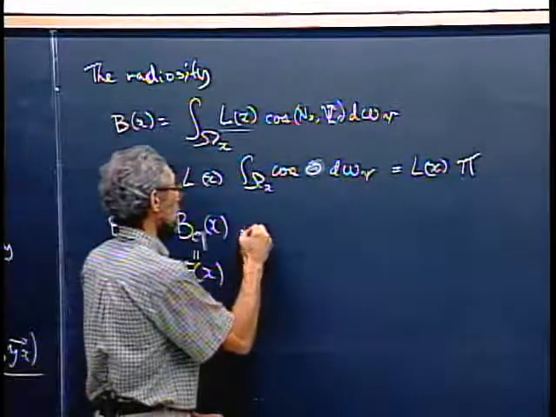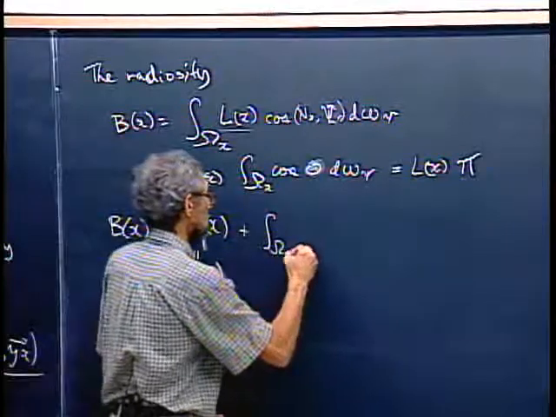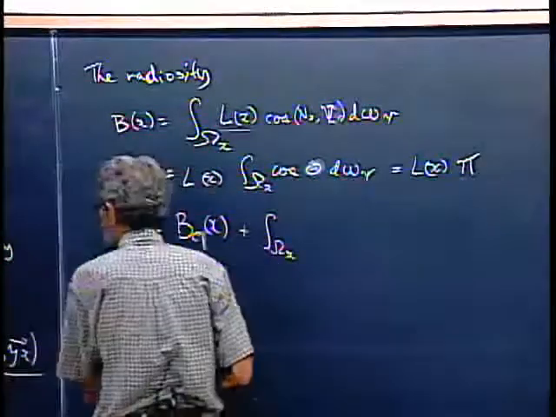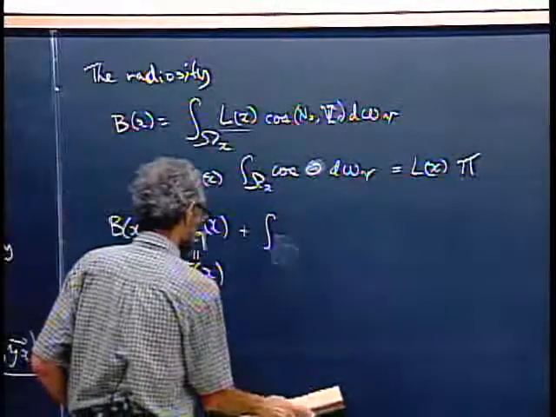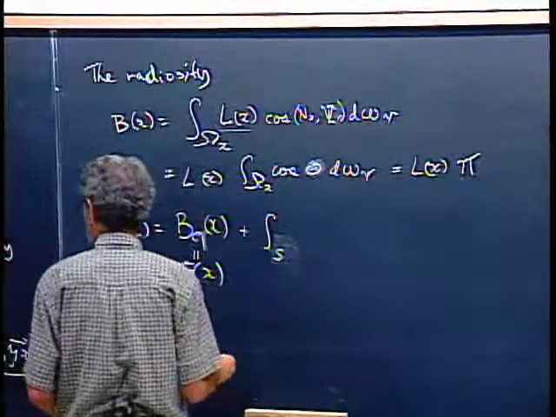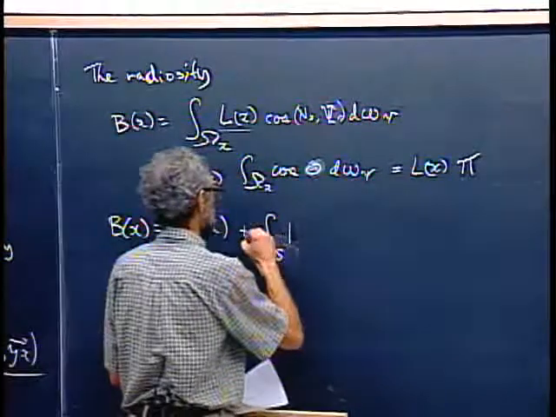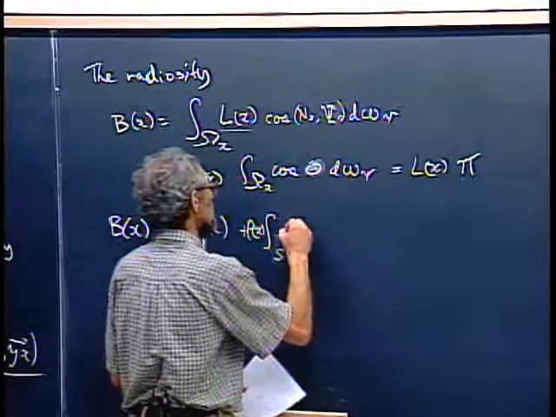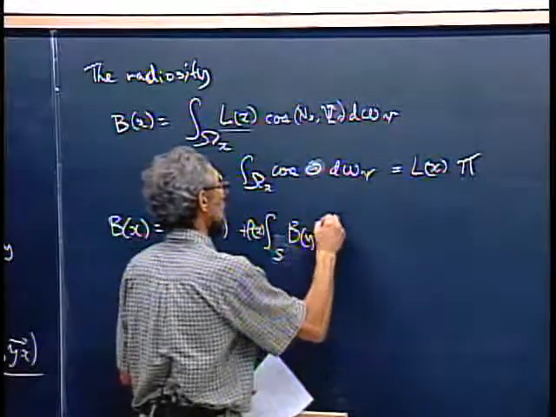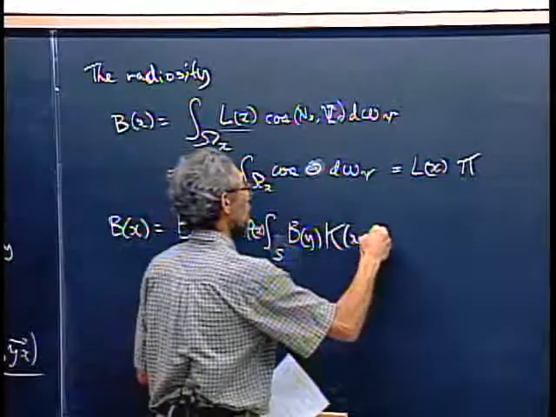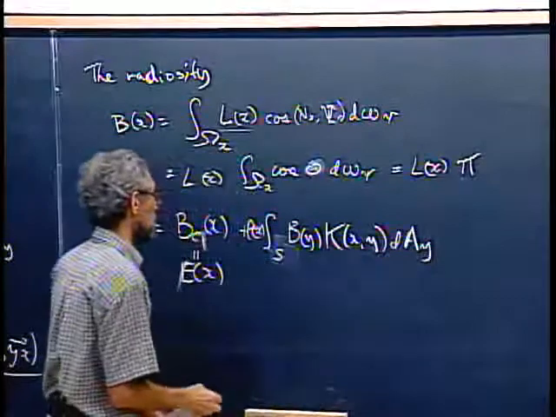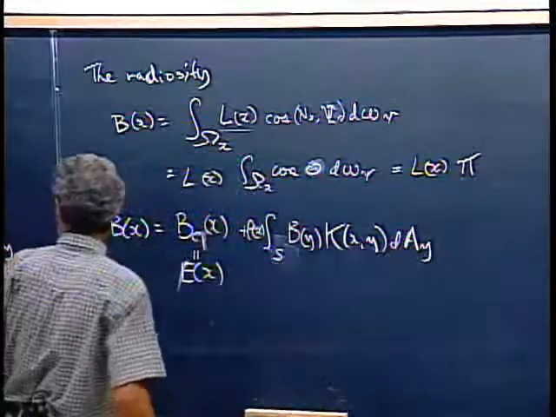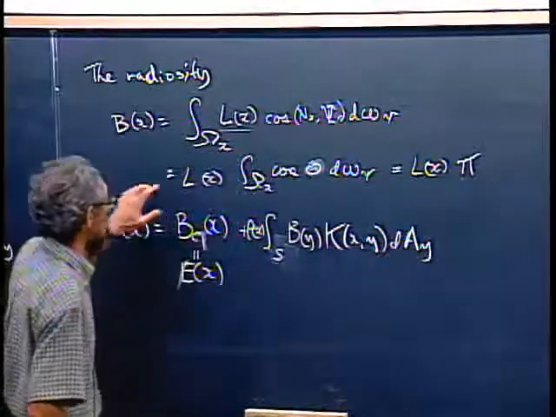But anyway, plus the integral over all surfaces, I'm sorry, because I'm using the surface form. And now it's just going to be rho of x, B of y times this kernel K(x, y) dA at y. So all I did was multiply all the terms in this equation by pi, and that changes all the radiances to radiosity.